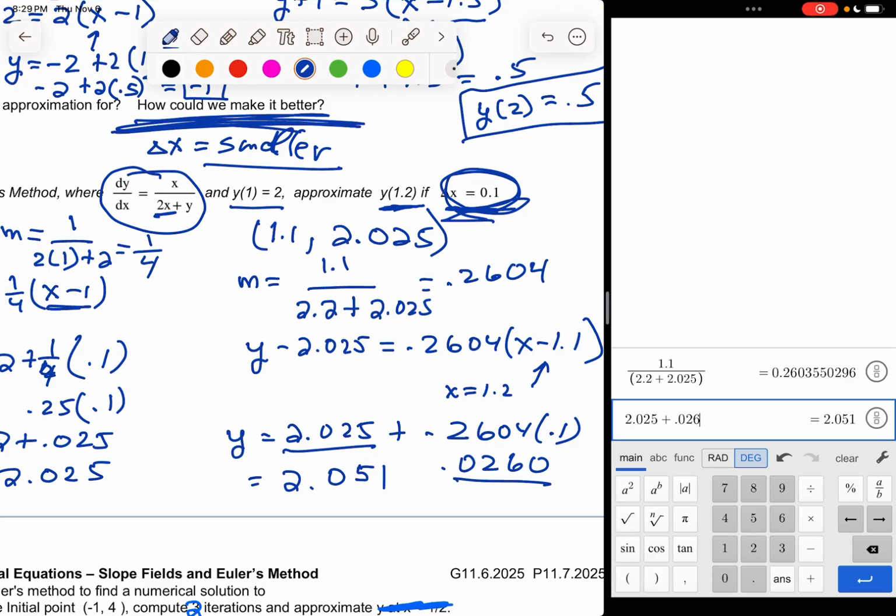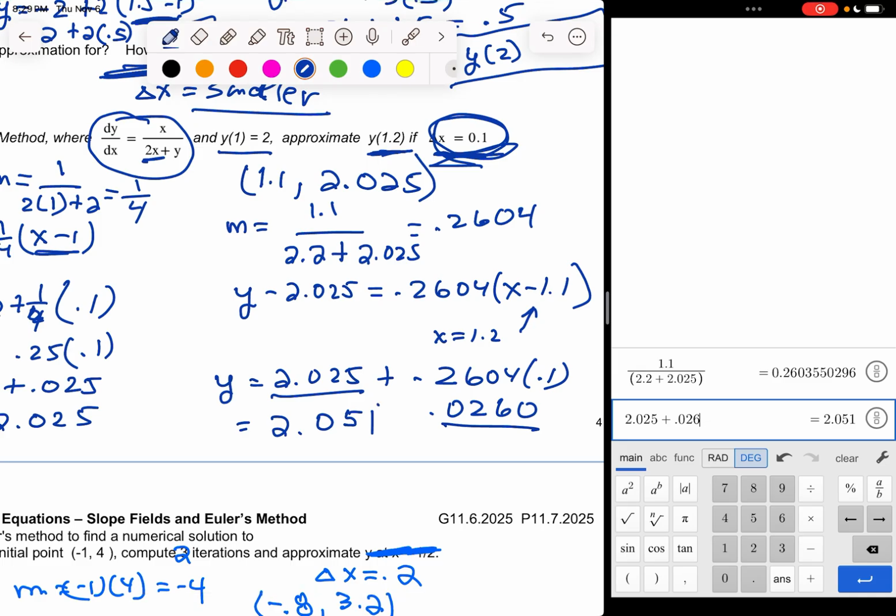So what is our approximation at 1.2? It is 2.051. So our final value at 1.2, our y value, is 2.051. Okay, so that's Euler's method.